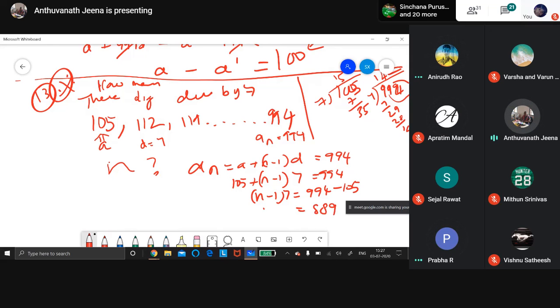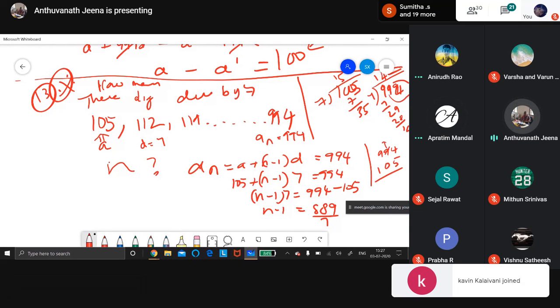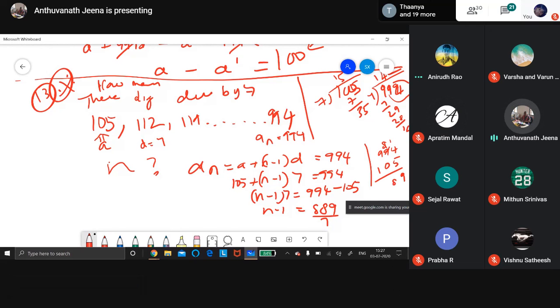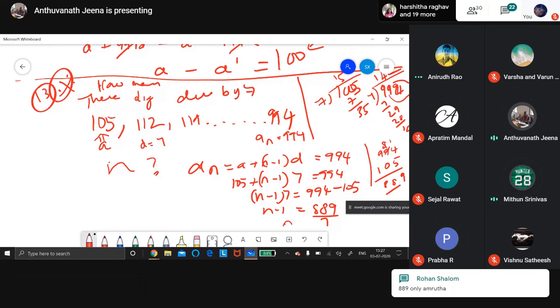Now again bring the 7 to this side. Cancel here, it will become 8. 14 minus 5 is 9, 9 minus 1 is 8. Correct, 889.